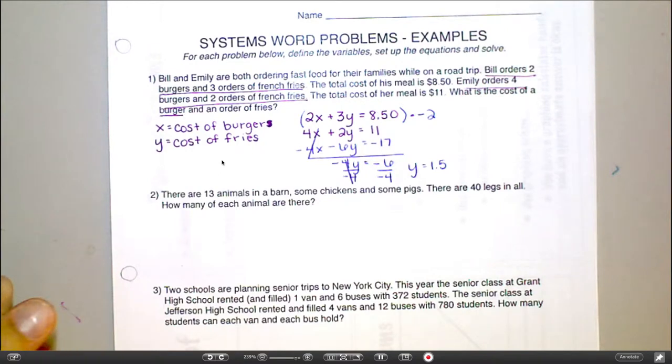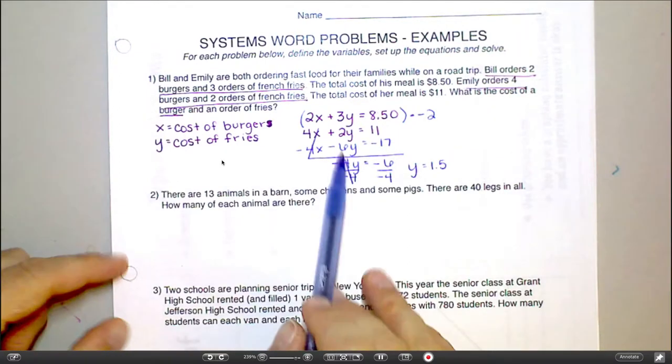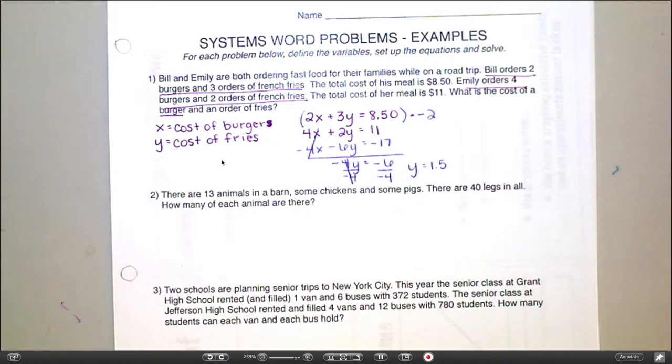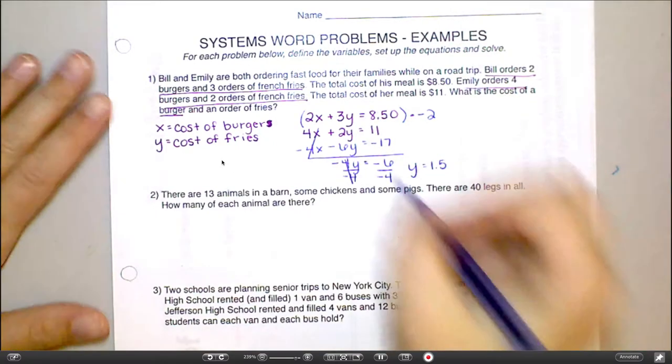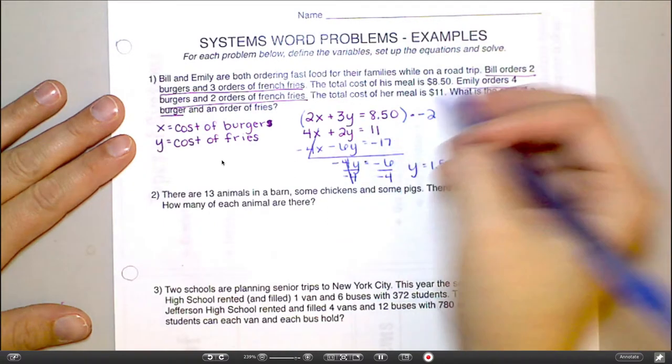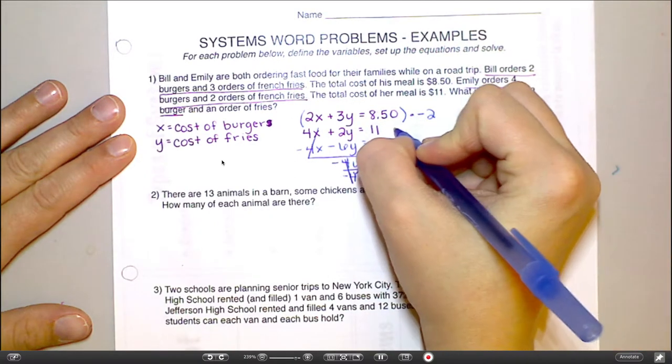All right, let's plug that back in. Which one do you feel like plugging into? I would probably go with the second one. Yeah, me too. You could do it with the top one too. I just like the fact that this one is not going to make me do decimals.